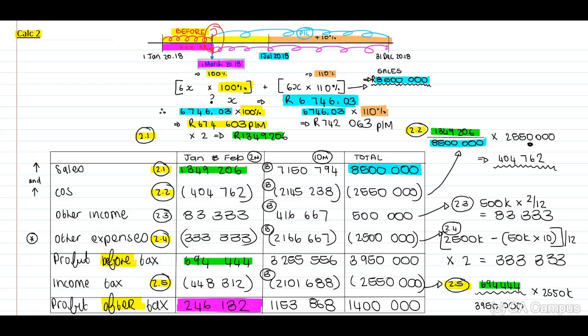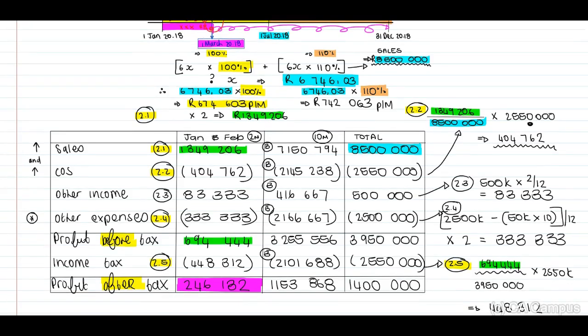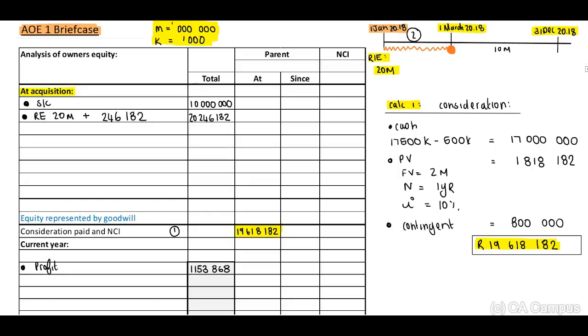Therefore, my recommendation, indicate to your marker that this will be your calculation 2.6 to be able to follow. And then in your analysis of owner's equity for Briefcase, guys, retained earnings 246,132, indicate to your marker that this is calculation 2.6, and I've included our total.